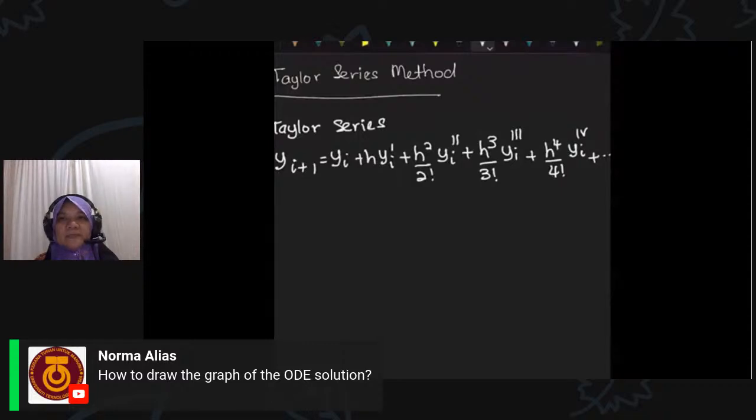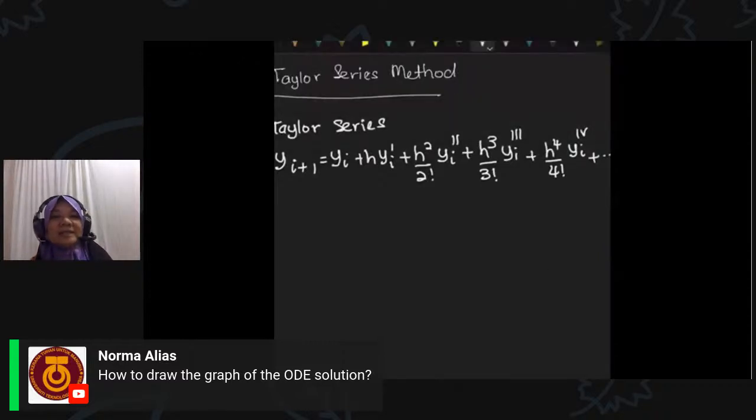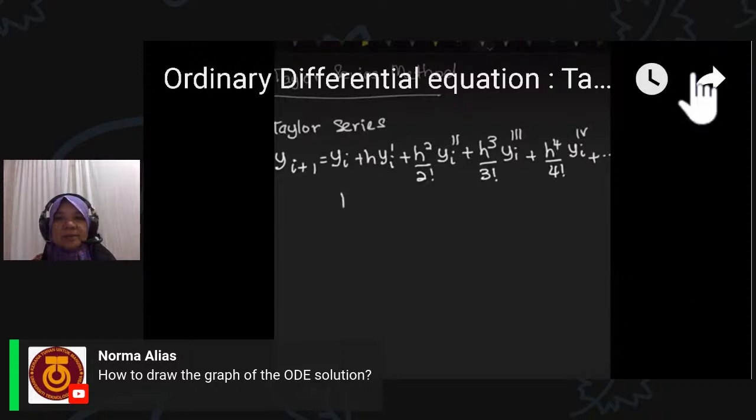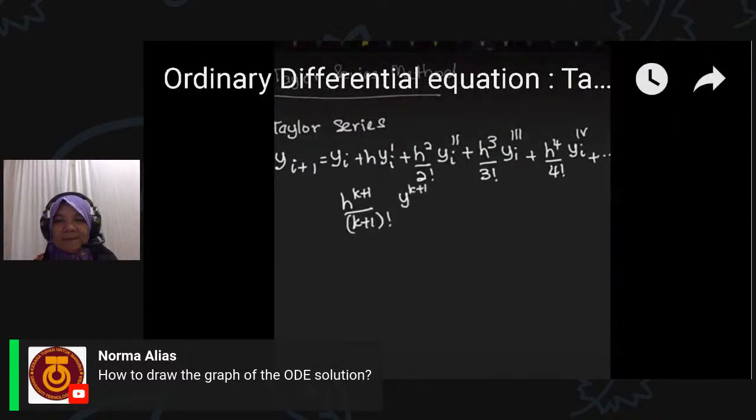Up to the fourth order of the Taylor series, you know how to write it: h power 4 divided by 4 factorial y i prime prime prime prime. And then up to order n of the Taylor series.